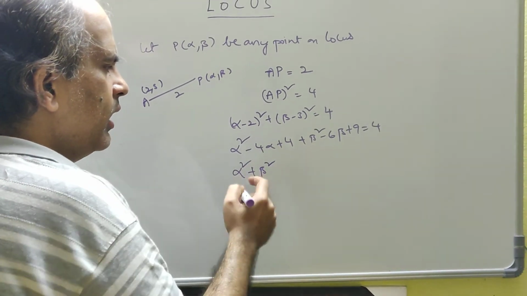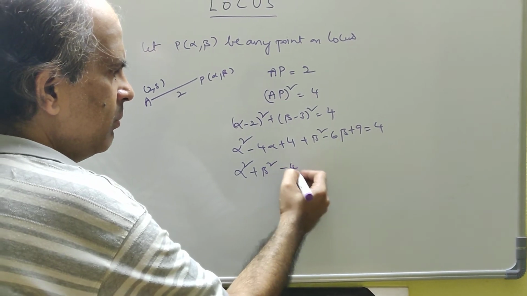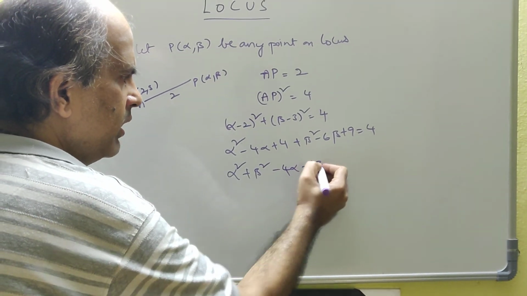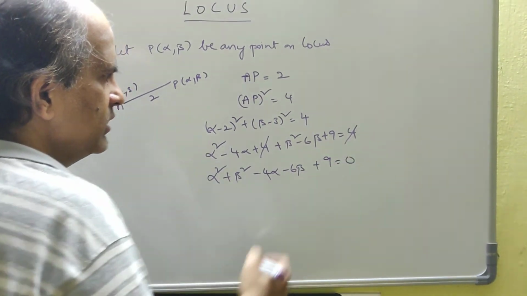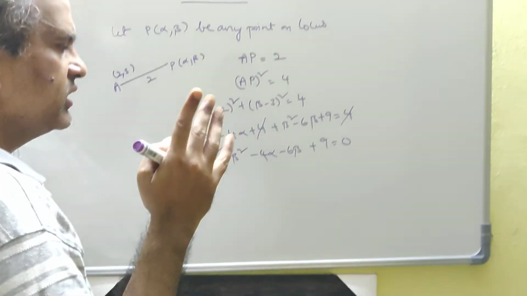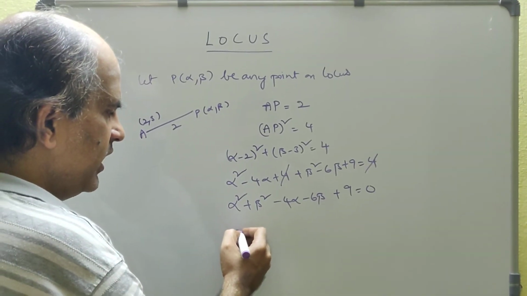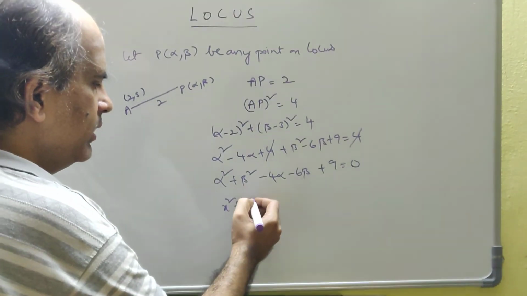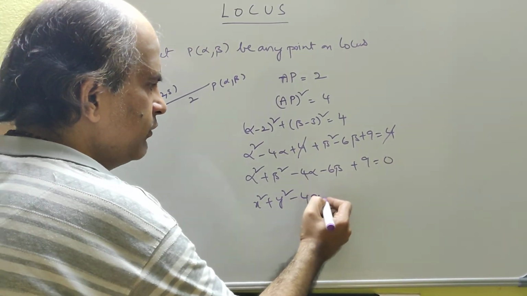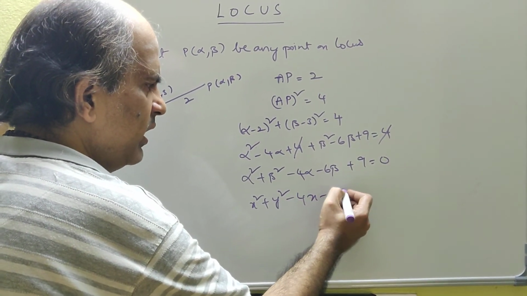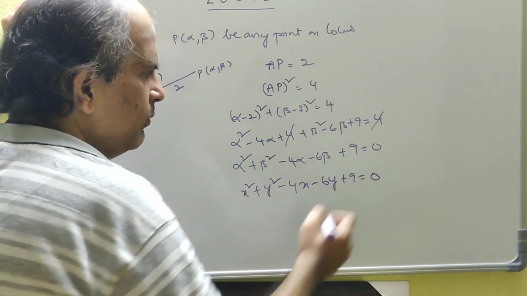Rearranging this, alpha square plus beta square minus 4 alpha minus 6 beta plus 9 is equal to 0. Then the fourth step, the last step, replace alpha with x, beta with y: x square plus y square minus 4x minus 6y plus 9 is equal to 0.